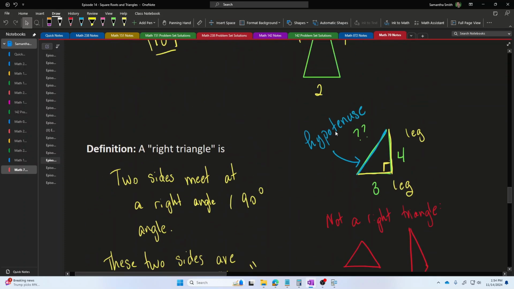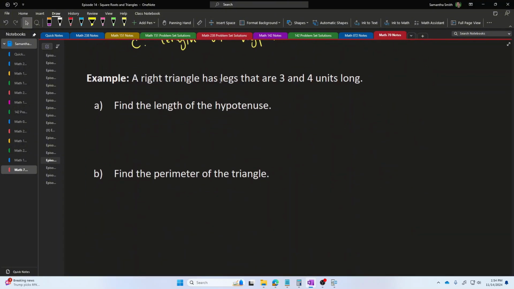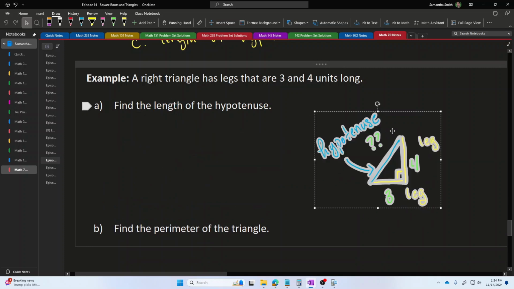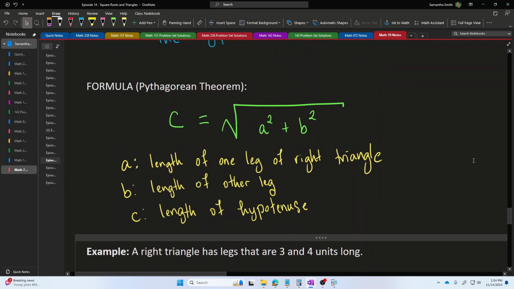So for example, in this right triangle in this drawing, where I have a leg of length 3 and another leg of length 4, and I want to know the length of the hypotenuse, all I have to do is plug the two lengths of the two legs into this expression.